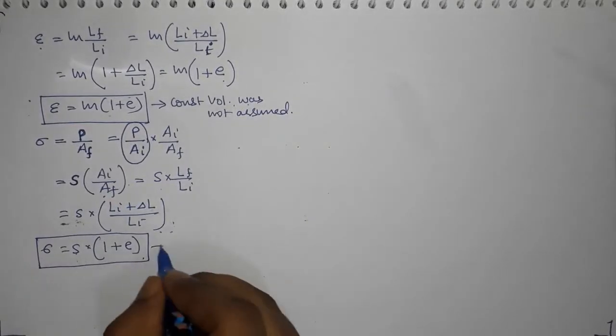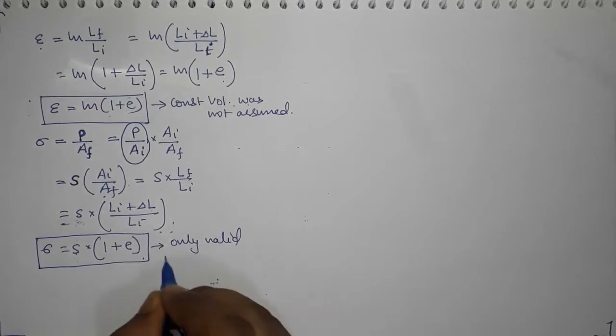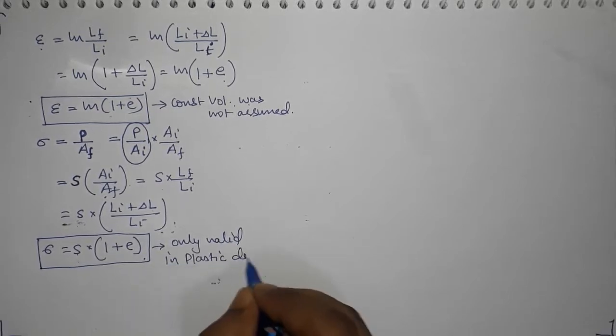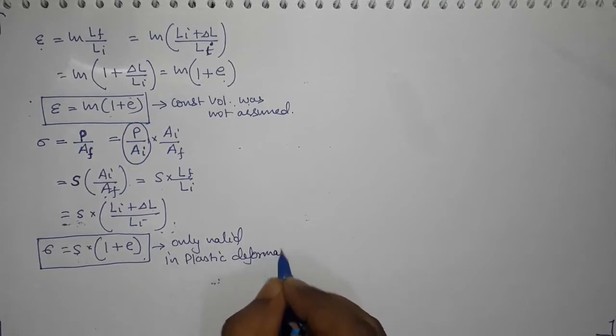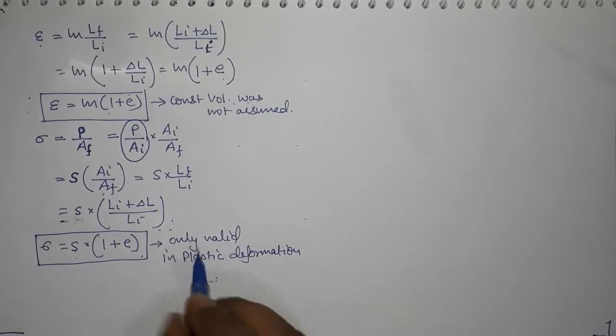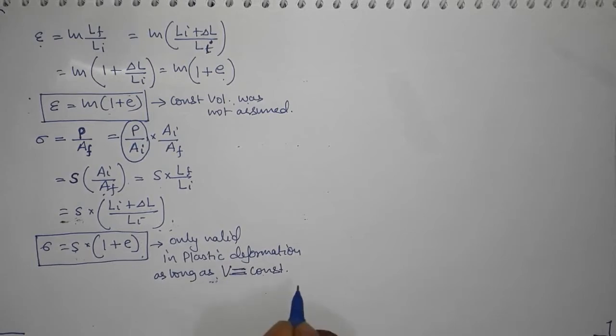So this relationship is only valid in plastic deformation, but this is also a vague term, so I have to tell you that this is only valid in plastic deformation as long as volume is constant. So in plastic deformation you can have a condition where volume is not constant.